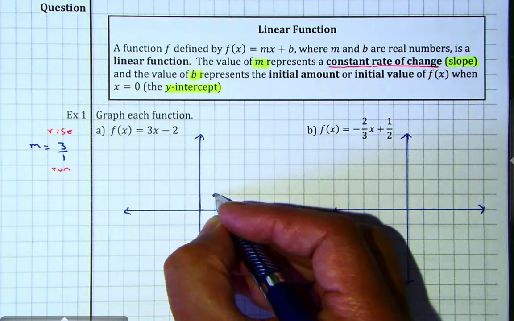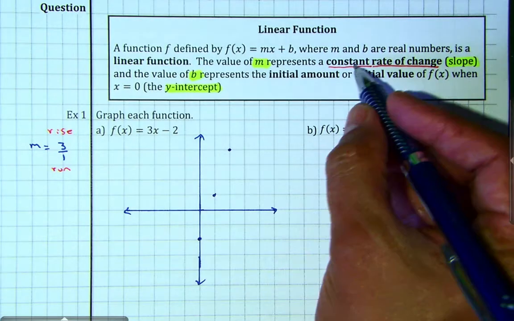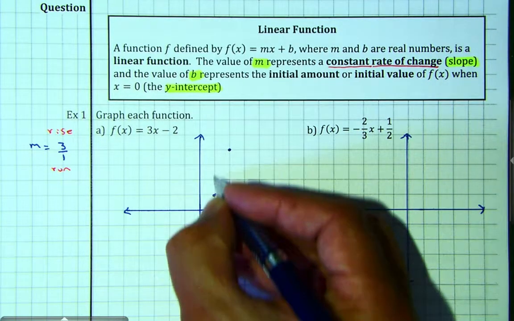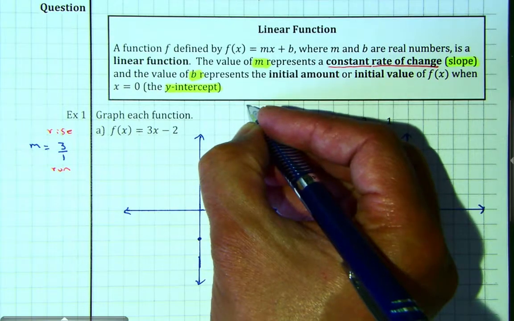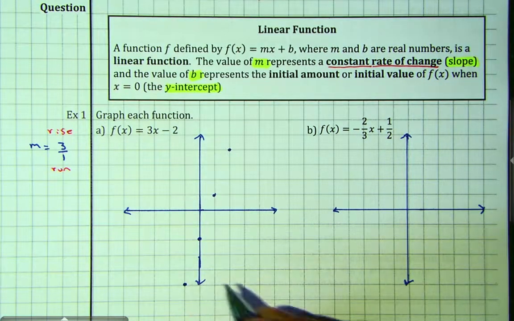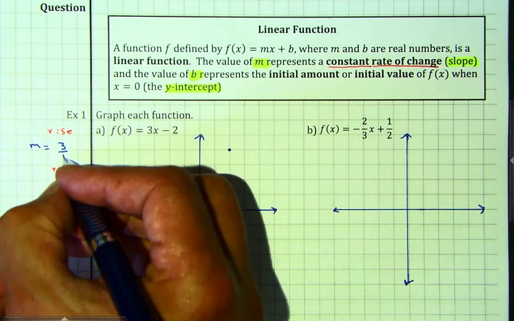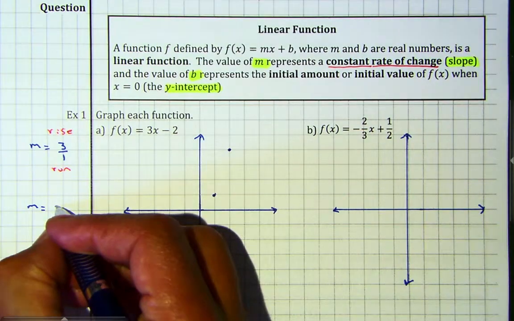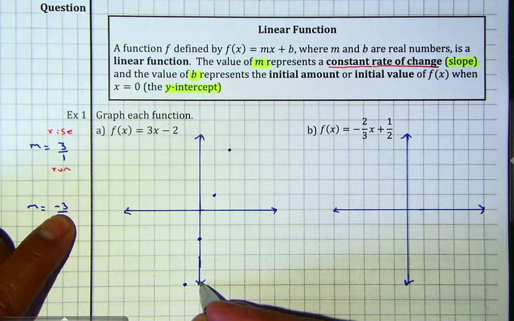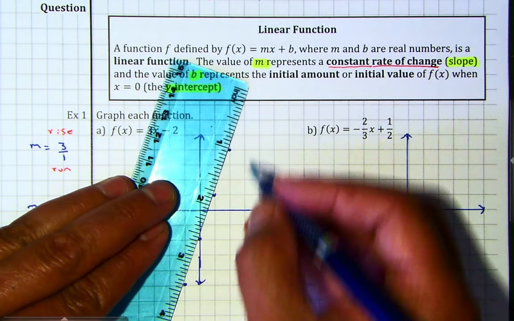And you want to make as many points as possible on the graph, so I can repeat the process. Since the rate of change is constant, it'll be up 3 to the right 1, up 3 to the right 1, up 3 to the right 1, no more space. Or the opposite, 1, 2, 3, and over 1. Because we know that the slope, which is 3 over 1, can also be written as -3 over -1. So instead, I can go down and to the left. And that is our line.